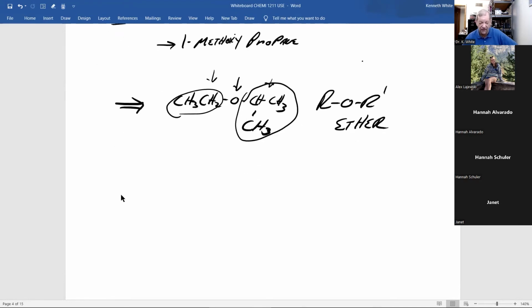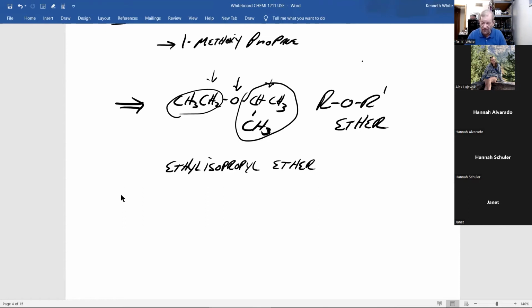So it would be ethyl isopropyl ether. Or it could have been isopropyl ethyl ether. Either one is correct because it's common names. You don't have rules like alphabetical order.